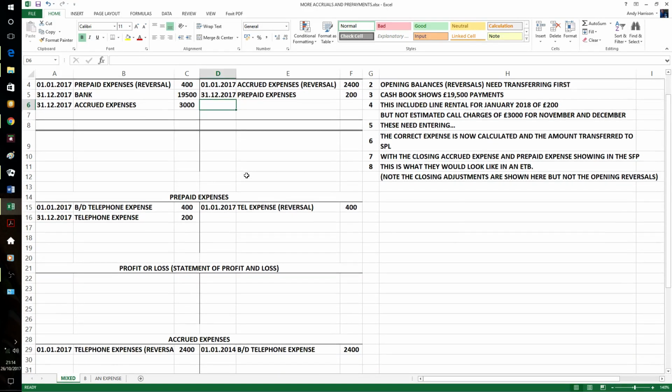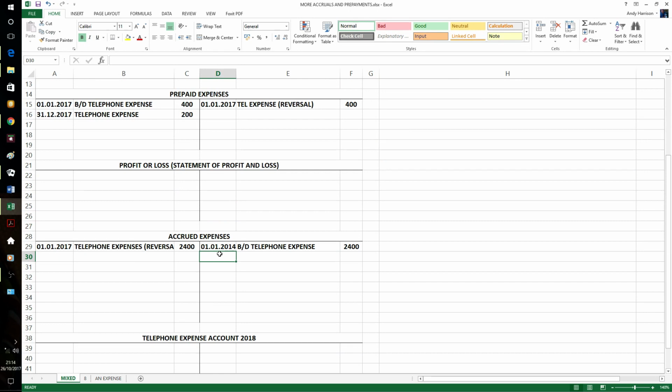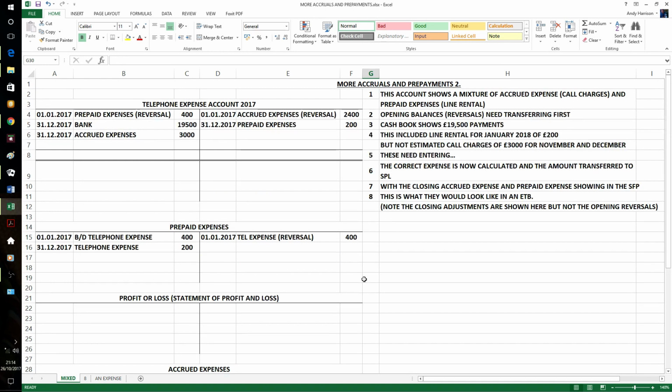And we need a double entry for this, so this is now our accrued expenses. So £3,000 sitting there. So that's a liability in our statement of financial position. We've entered them, we've done the double entry.